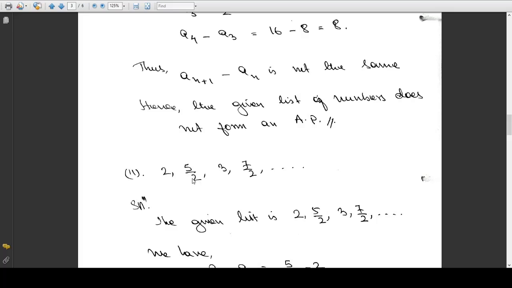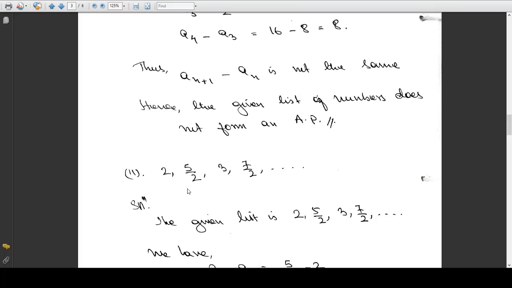Okay, now 5 by 2 is how much? 5 divided by 2 is 2.5, isn't it? Now 2 you move to 2.5, 2.5 you move to 3, 3 you move to 3.5. 7 by 2 is how much? 3.5. Then definitely it's an AP, because it is moving by half each time.